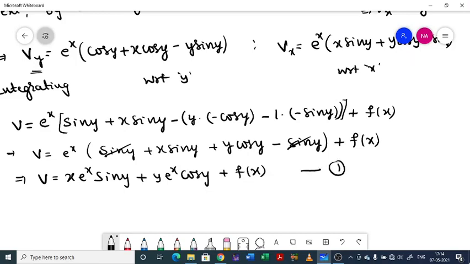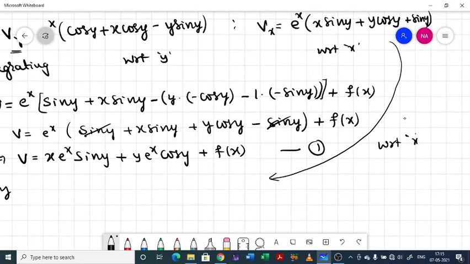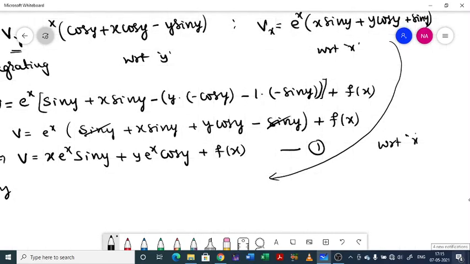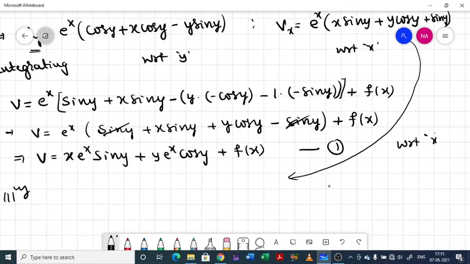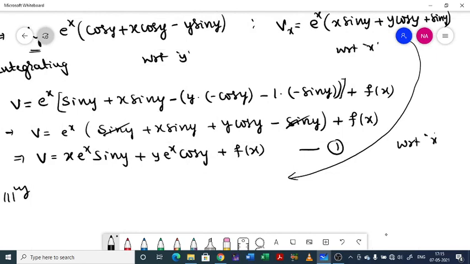Similarly, integrating this with respect to x. So what we had there, v equal to integration with respect to x.